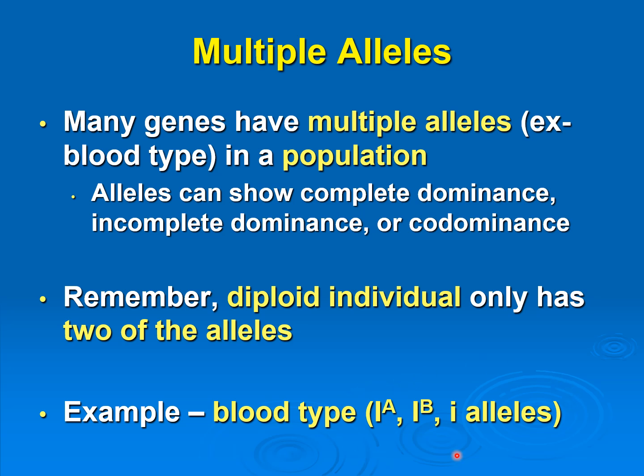But remember, any one person will only have 2 of the alleles because we're diploid. So we can only have 2 of these alleles. You will never have all 3 of them in one individual person. But in a population of people, if you checked everyone's blood type, you probably would find all 3 alleles in the population. But any one person will only have 2 of these alleles.